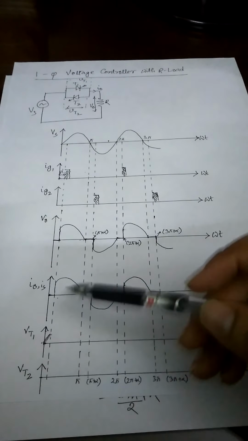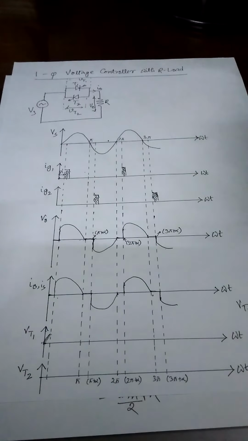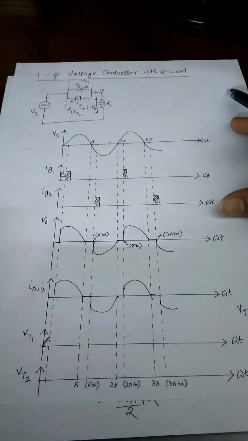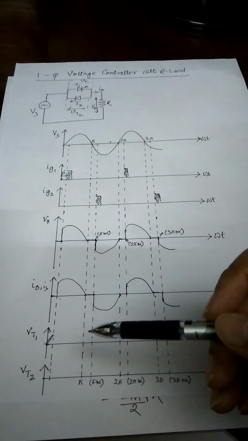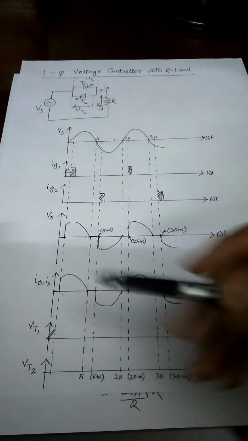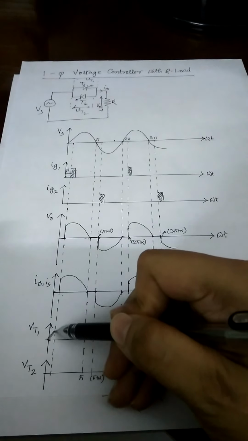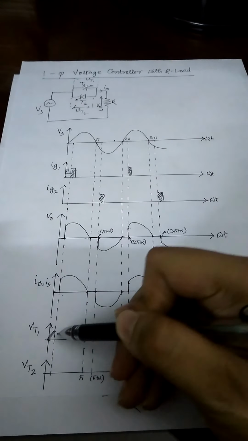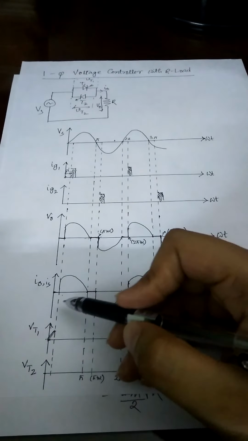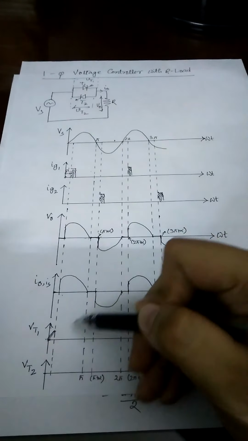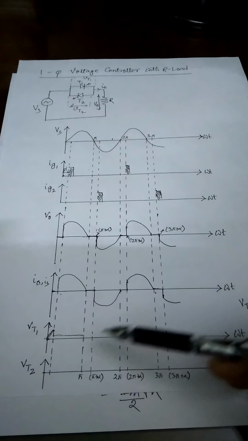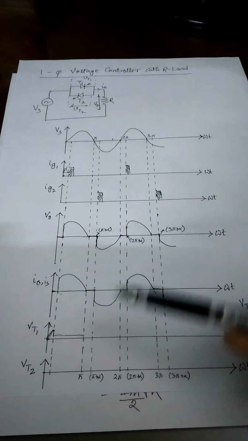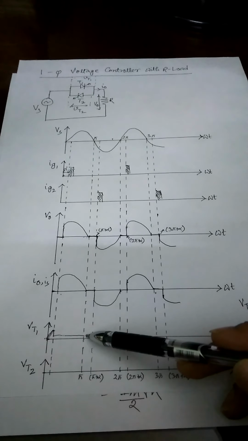Now when at alpha this T1 thyristor goes into conducting mode, the voltage drops to the region of 1 to 1.5 volt across the thyristor T1. So now this voltage drop happens and we get the flat curve like this. So that continues up to pi point.